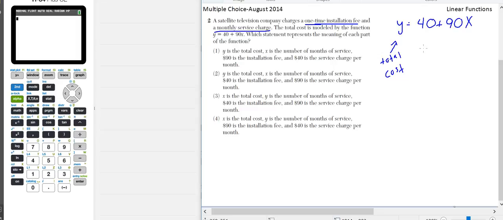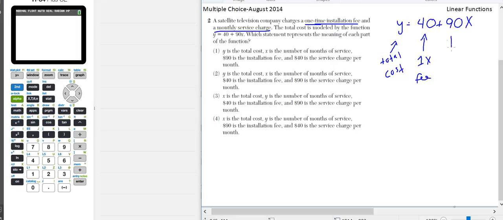The one-time installation fee is going to be the 40, a one-time fee, because 40 doesn't have any variable. So even if you use the service once or twice, 1,000 times, 200,000 times, you're still going to have to pay the same $40 to install it.